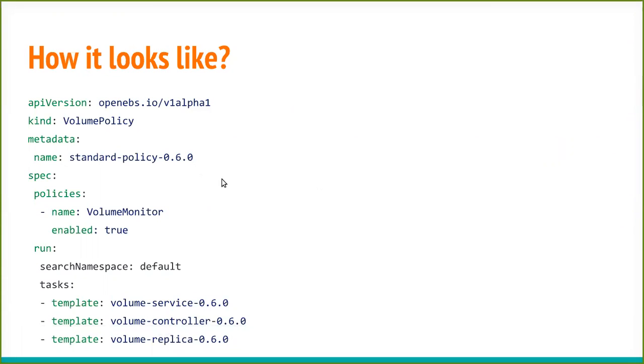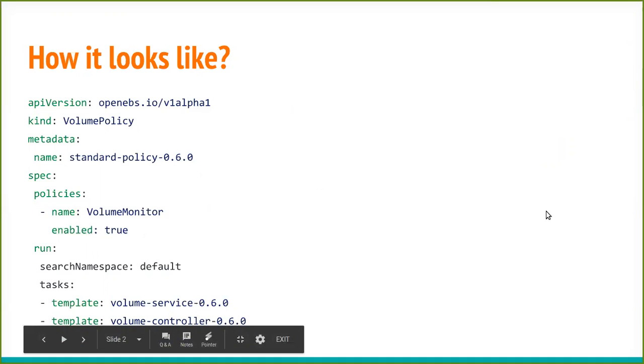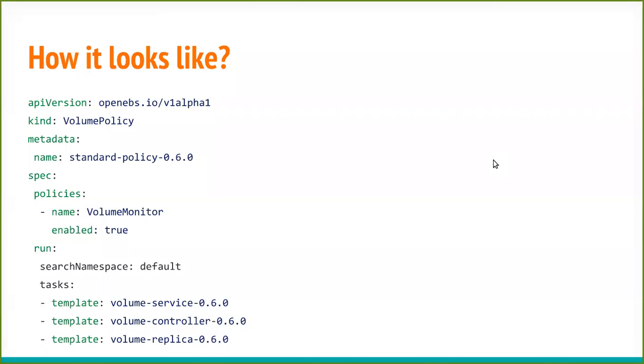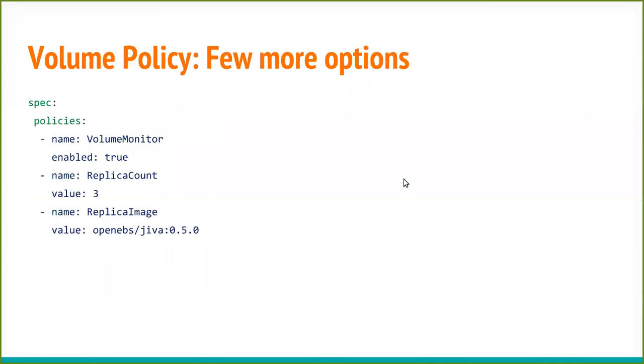It will have a name, and there will be n number of policies mentioned, and there will be some templates. So the templates are some things that will be executed in sequence in a particular order, the order that is mentioned here. If you go to the next, these are some of the policies, there can be a lot of policies and it can be configured.